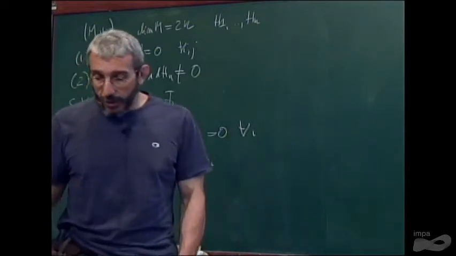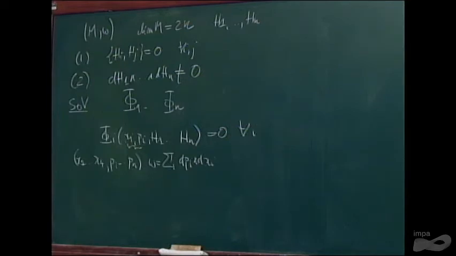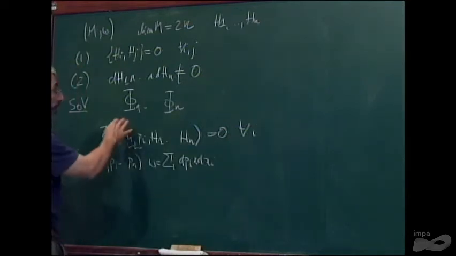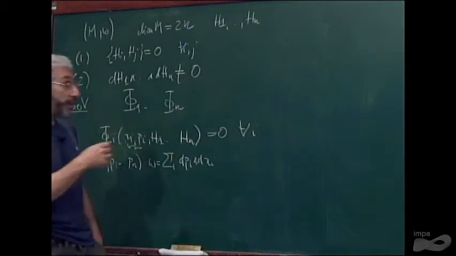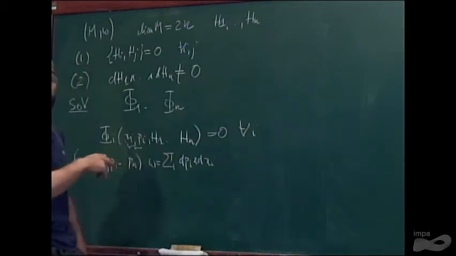This is what is meant for this integrable system to be separable: we can find these relations in the canonical coordinates x, p.